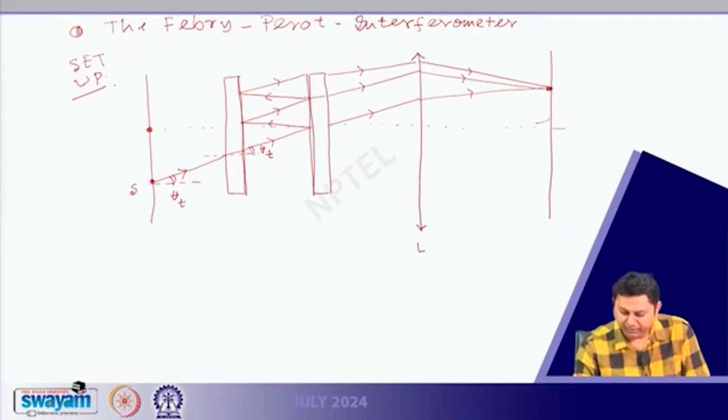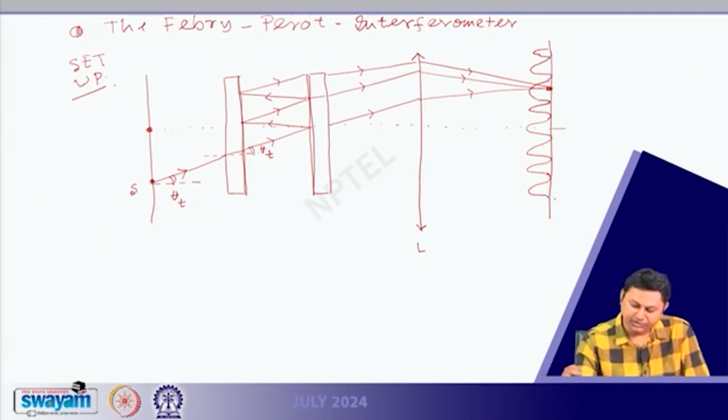For example, a fringe pattern will be observed here. Maybe it is a maxima, maybe it is a minima, depending on the phase relationship we can find a fringe pattern. My fringe is not looking very symmetric, but it should be a symmetric fringe pattern.